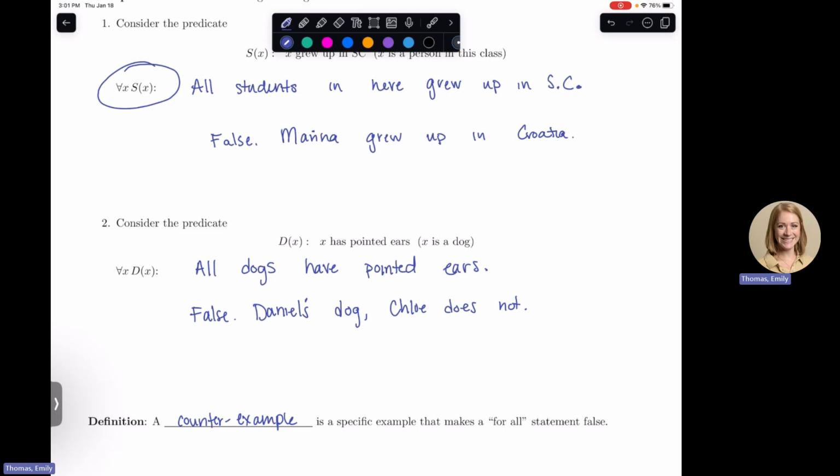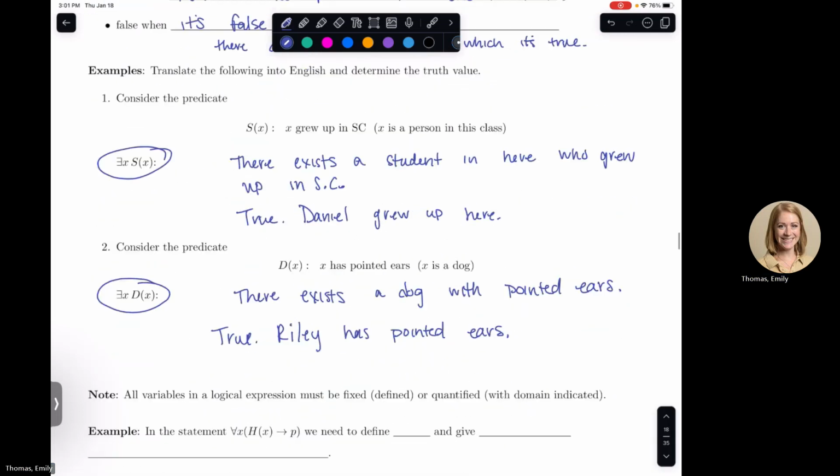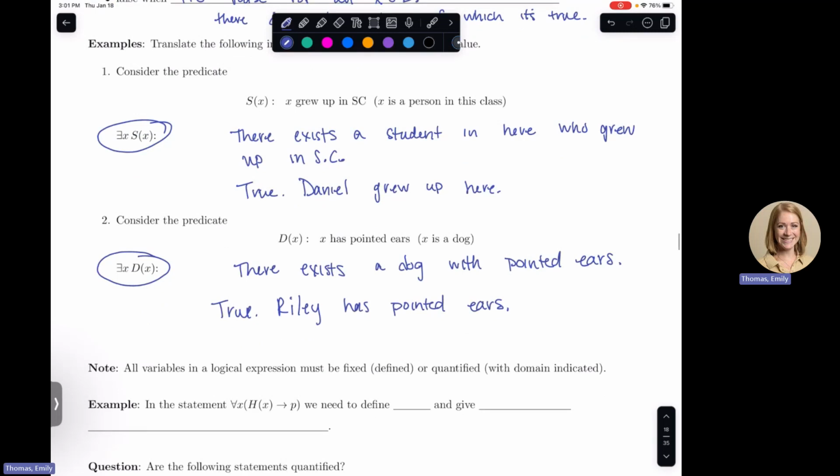You need to show there exists something where it's not true, right? To disprove a there exists statement, we would need to prove a for all statement. Tracking what's happening here? If I say there exists in this room a student who grew up in South Carolina, to disprove that, I have to prove it for all that we did not, right?